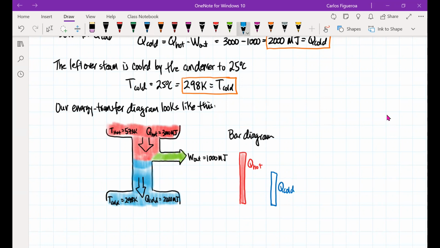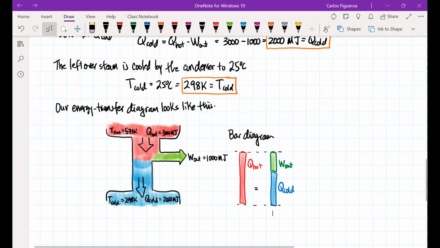And 1/3 of this is being used to do work. And that's our output work. And that's what that bar diagram is showing us here.